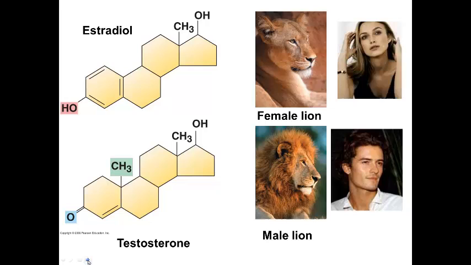In testosterone we see the carbonyl group, methyl groups, and hydroxyl groups. And those differences in where they're positioned on that four fused ring structure is essentially the difference between males and females. So functional groups have a huge role in the characteristics of molecules that they are found on.